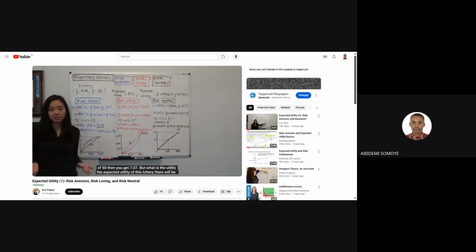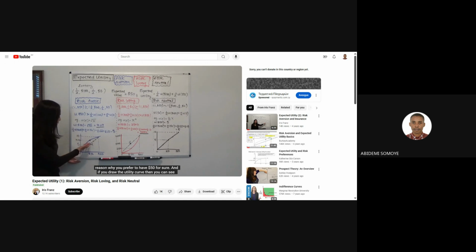Then what is the expected utility of this lottery? There will be a half times the utility of $100 plus a half times the utility of $0. Then you plug in this utility function, and after you calculate that, you get 5. So clearly 7.07 is higher than 5. And that's the reason why you prefer to have $50 for sure.